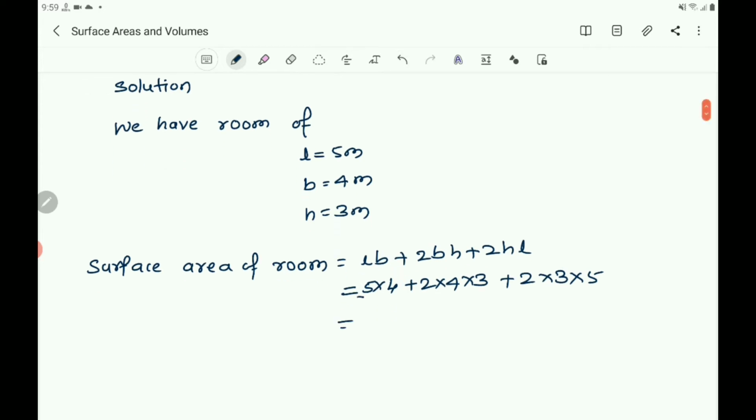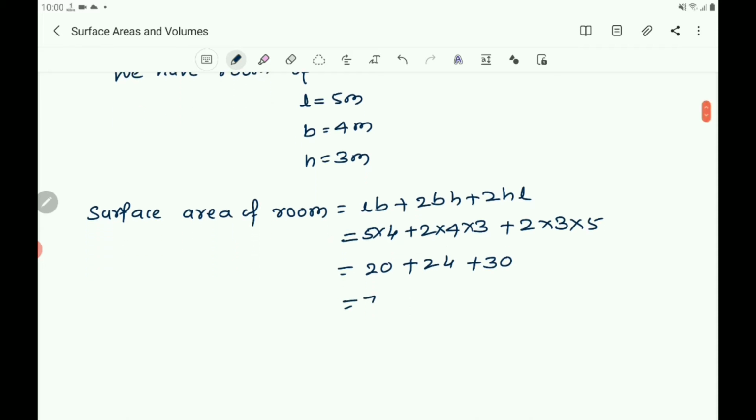Then it becomes 5 4s are 20, plus 2 4s are 8, 8 3s are 24, plus 2 3s are 6, 6 5s are 30. Then you add 20, 24, 30. Then it is 3 plus 2 is 5, 5 plus 2 is 7. Then you will get 74 m square.